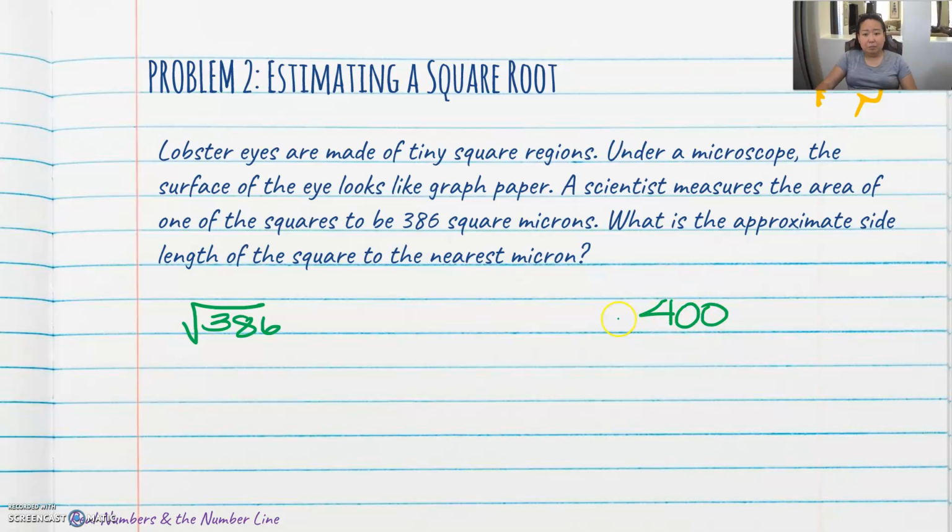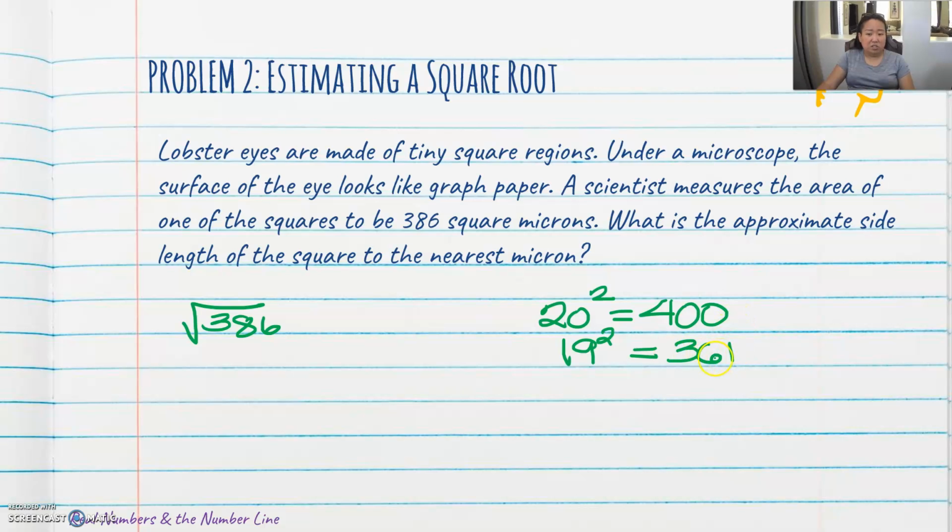Why 400? Because 400 is 20 squared. The lower value, then you know it's going to be 19 squared. If you find the value of 19 squared, that is going to be 361. So if you analyze 386, is it closer to 361 or to 400?